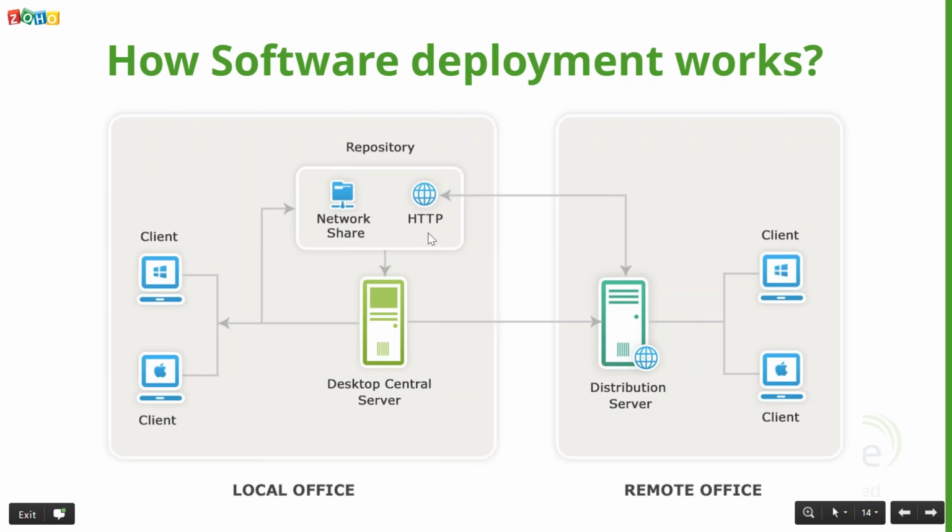The distribution server replicates all the packages and keeps them locally for the remote site machines to connect to the distribution server and download the package. After the installation of the package, both LAN and WAN machines directly post the status to the Desktop Central server, so we can view the status in our Desktop Central product user interface.